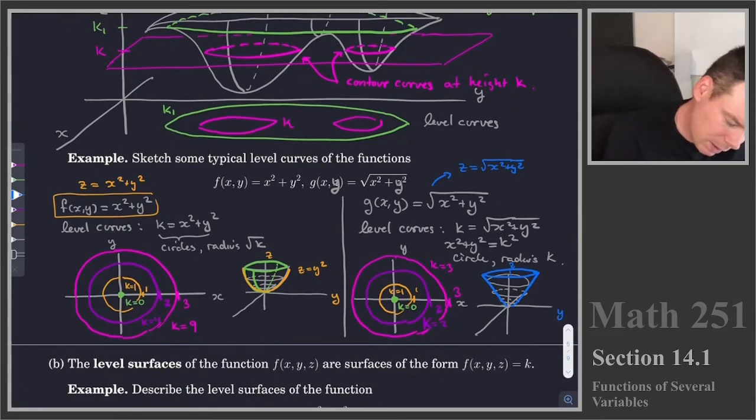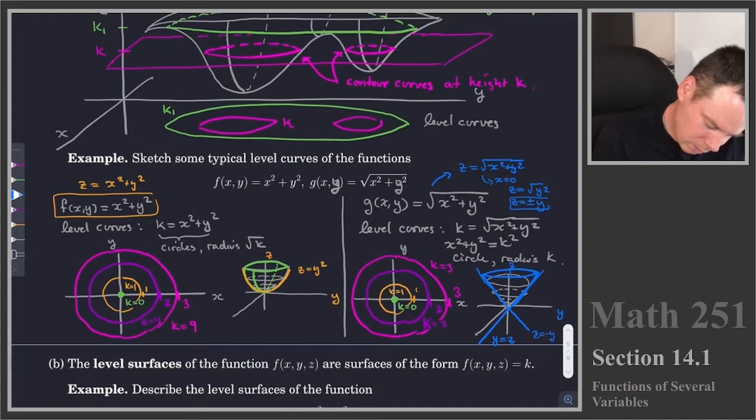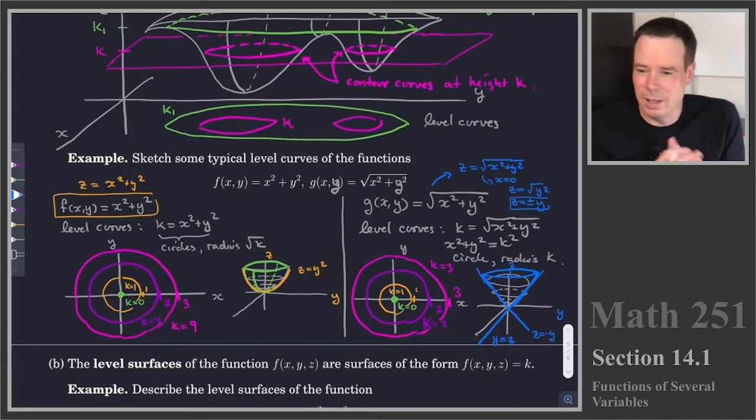That means I take x to be 0. So z is equal to the square root of y squared, so z is equal to plus or minus y. We get a line z equals y, and then another line z equals negative y. So we get those two lines as the sides.